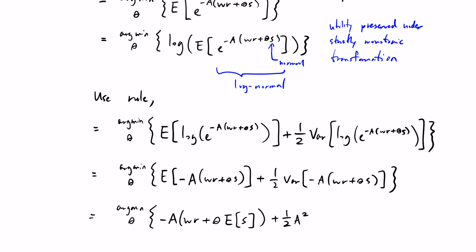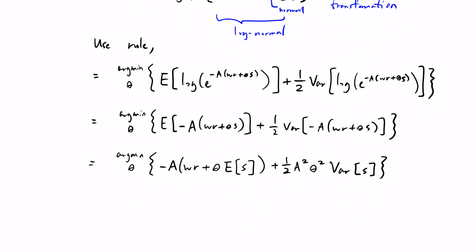You pull the theta term out, that becomes theta squared, and you're left with the variance of S, right? So that's why I say you have to be very familiar with statistics and probability, right? You pull out all the terms and you're left with a surprisingly simple formula that you can take the derivative of. So let's take the derivative now.